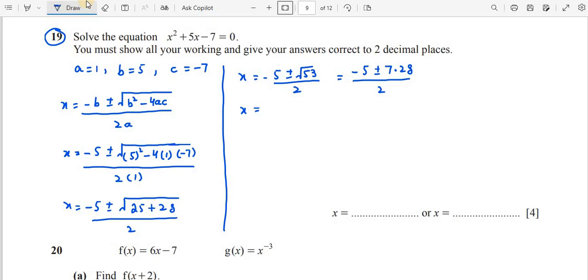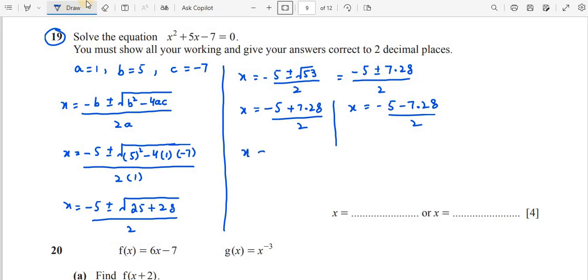We separate plus and minus. First of all we take the plus value: minus 5 plus 7.28 over 2, and now x is equal to minus 5 minus 7.28 over 2. Calculate these values.